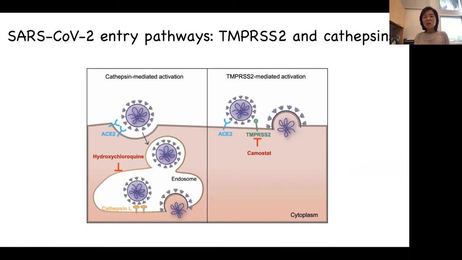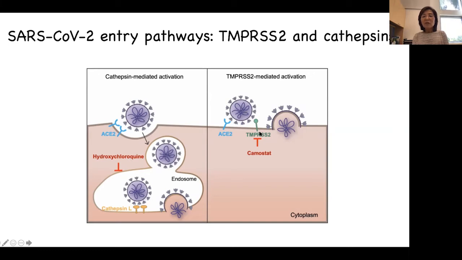In collaboration with Mike Farzan's lab, we identified ACE2 as the receptor for SARS-1. It's good that SARS-2 also uses ACE2; I think it sped up the research of SARS-2 very much. Yes, I just want to take credit for that.